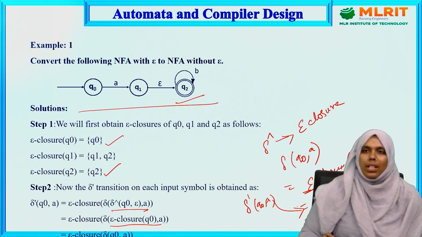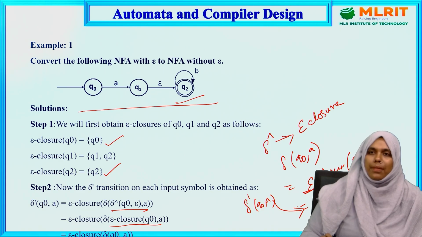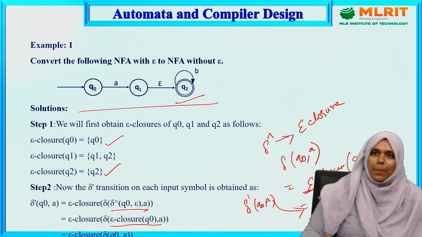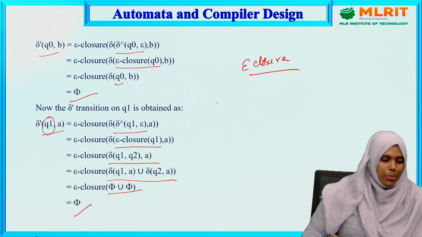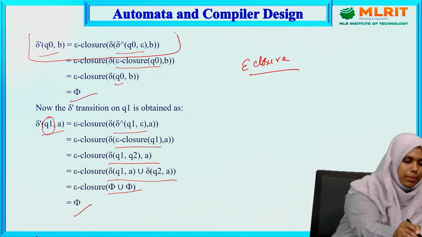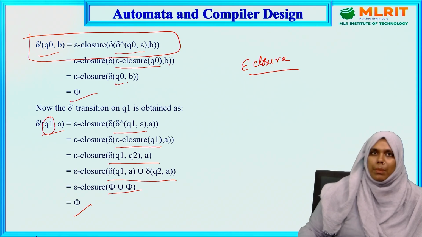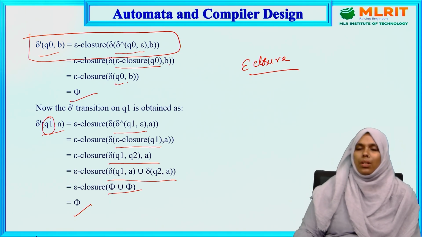So removing the epsilon gives NFA without epsilon, and this can be done by using epsilon closure and this formula: transition dash of Q0 for any state, any input, either 0 or 1 or a comma b, is equal to epsilon closure of transition of Q0 comma epsilon comma an input symbol, either 0 or 1 or a comma b.